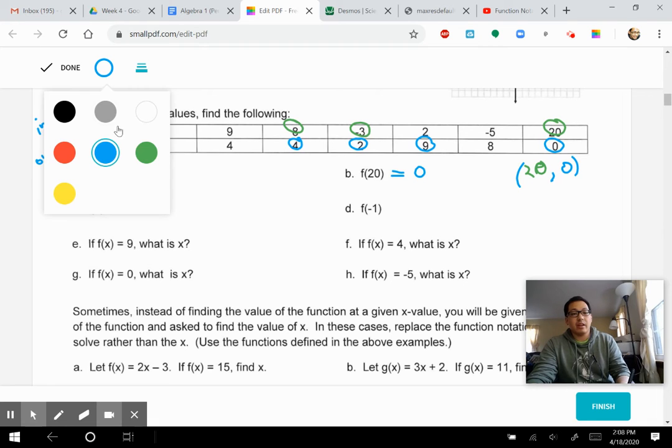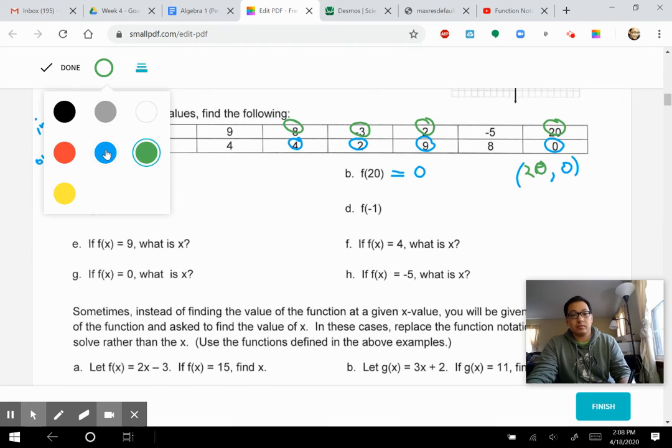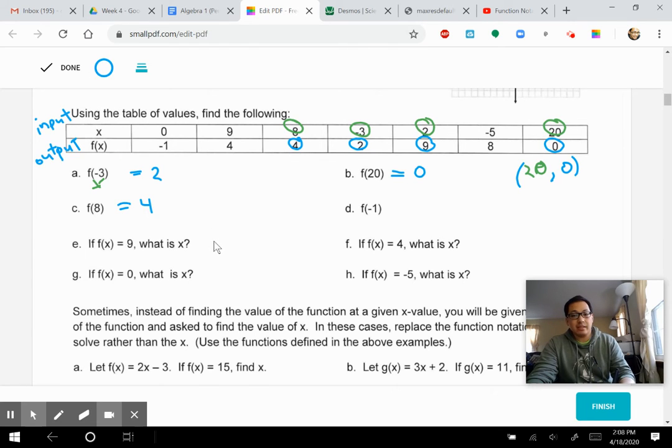The input there is 2. So what is x? Talking about x here, the input was 2.